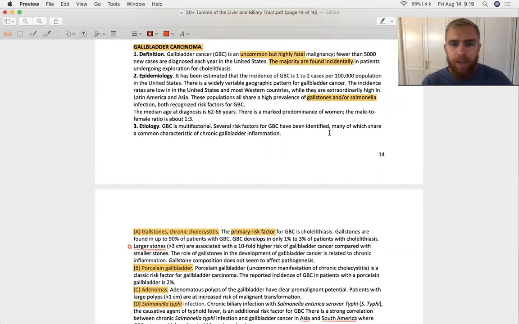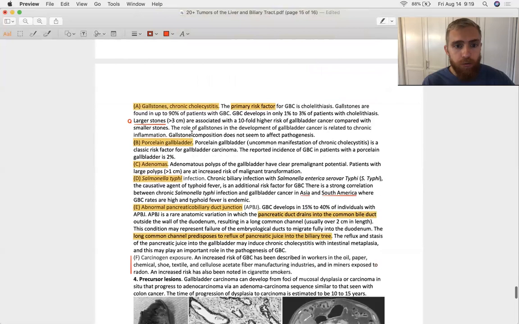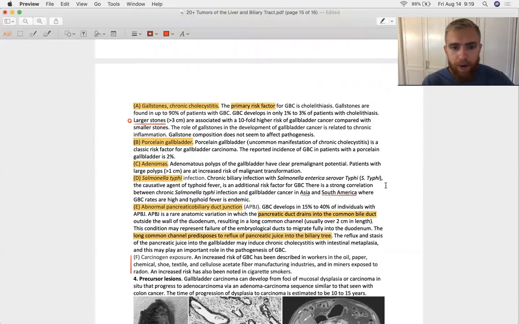It's uncommon but highly fatal. The majority are found incidentally. And a couple of risk factors you need to know. Number one, gallstones. Number two, Salmonella typhi, which likes to get up in the gallbladder and infect it. And Salmonella typhi is endemic in Asia and South America. It means it's native to that geography.